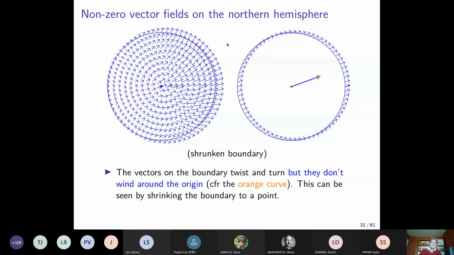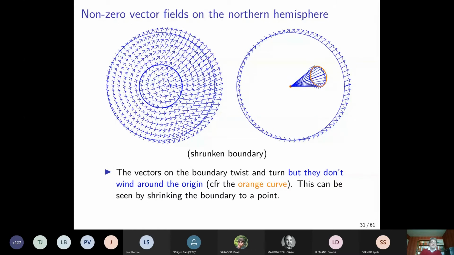So what I've now done, instead of taking this circle, I've shrunk this circle to a circle of radius 0. But then I did the same thing. I moved this vector to this side, scaled it. Now there's only a single vector, so the orange curve is a single point.